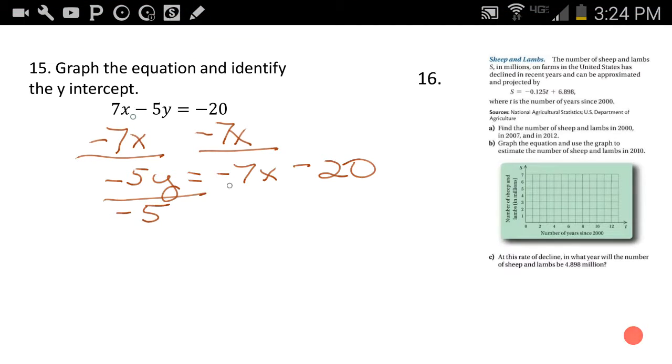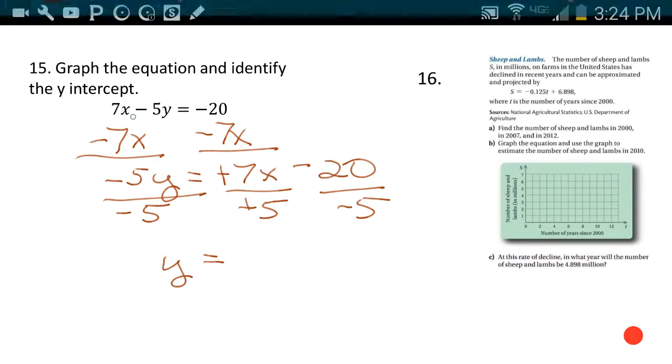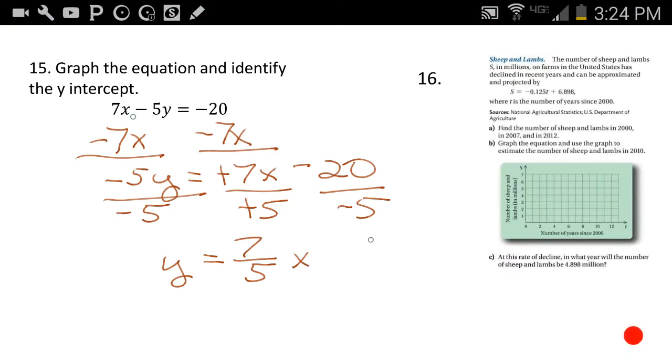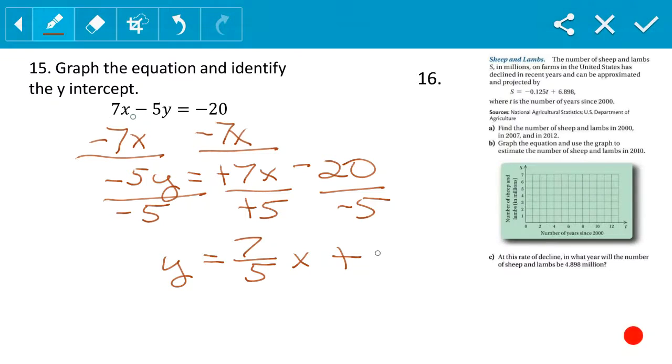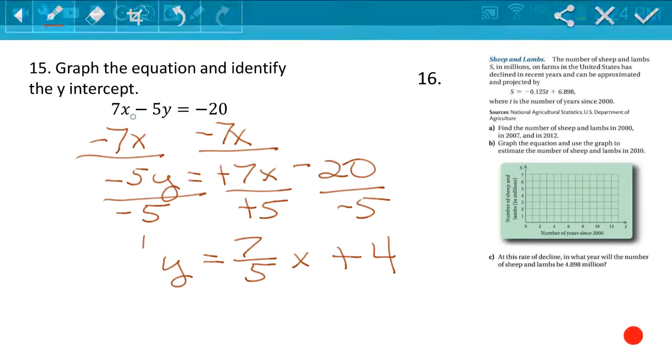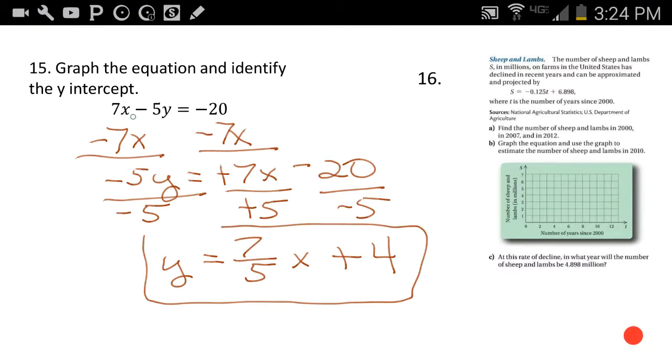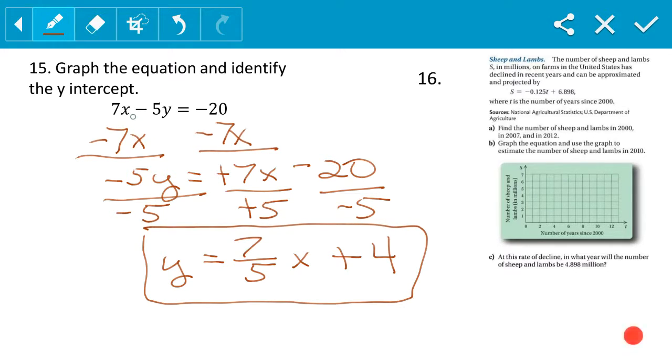Divide everything by negative 5, and we get y equals, and the negatives cancel here, so 7/5 x plus 20 divided by 5 is 4. So that is the equation of the line.